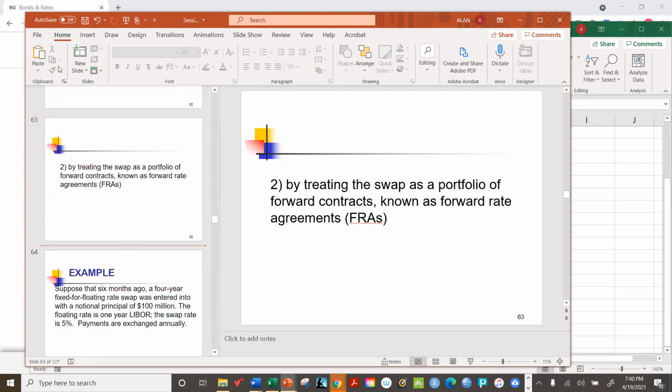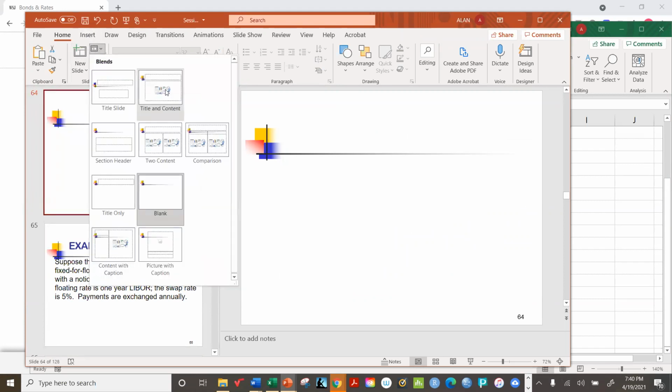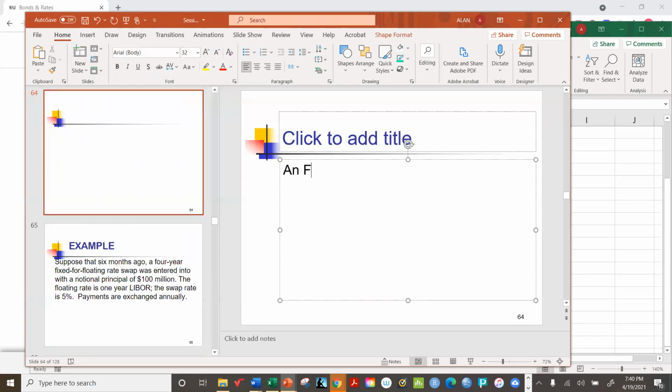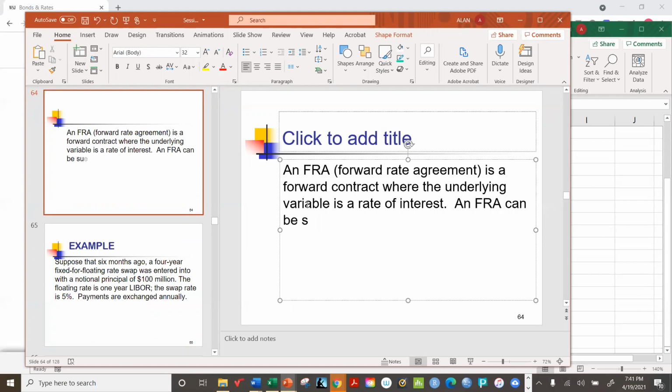We'll get into this later on in another chapter, but a forward rate agreement is a forward contract where the underlying variable is a rate of interest. Okay, an FRA can be used to lock in a lending rate or a borrowing rate.